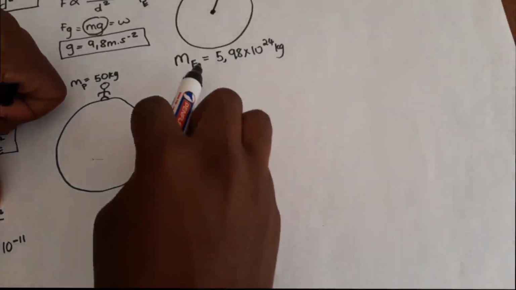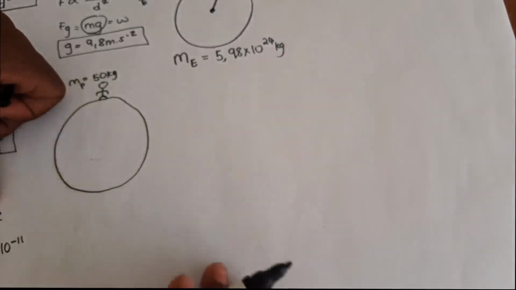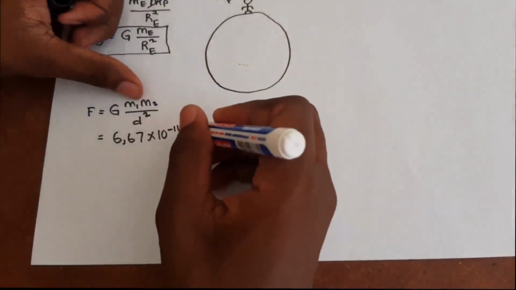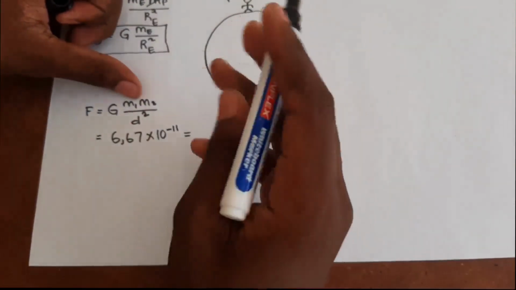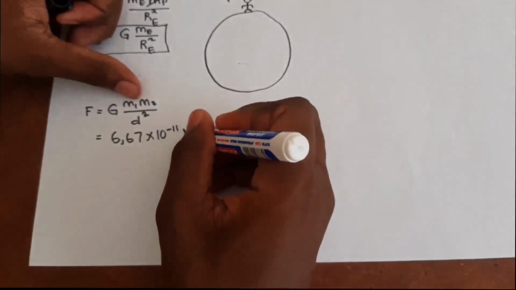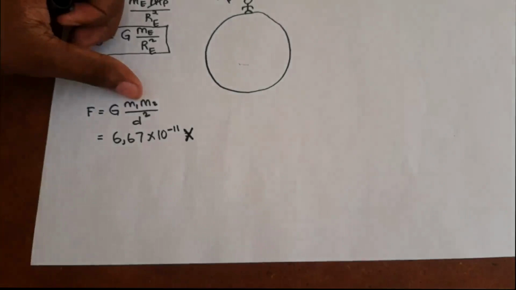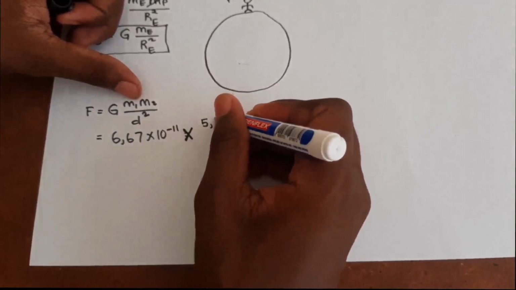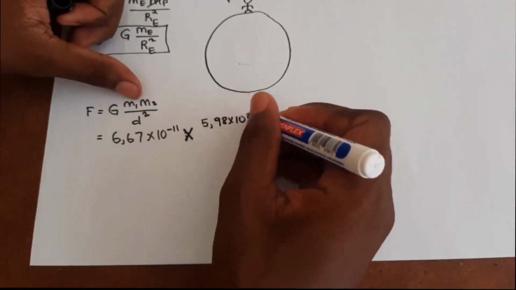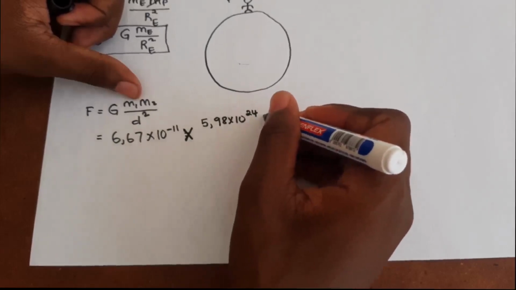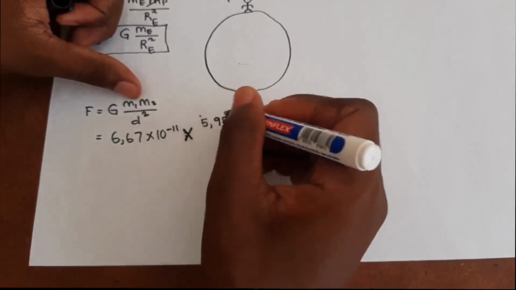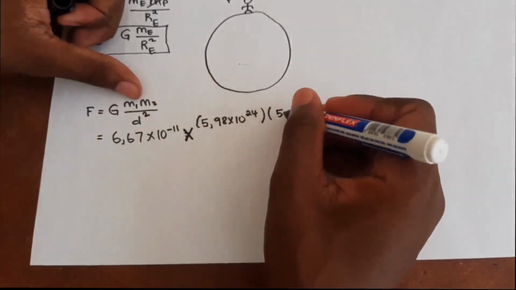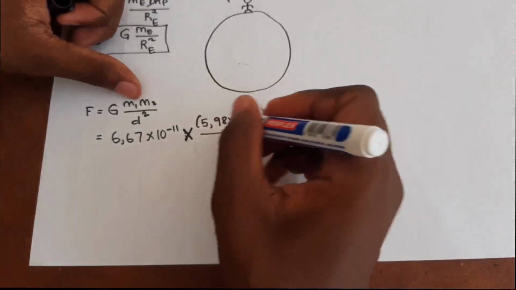The mass of the earth is 5.98 multiplied by 10 to the power of 24 kg. So this is 5.98 multiplied by 10 to the power of 24, multiplied by, in brackets, the mass of that person, which is 50 kg, over d squared.